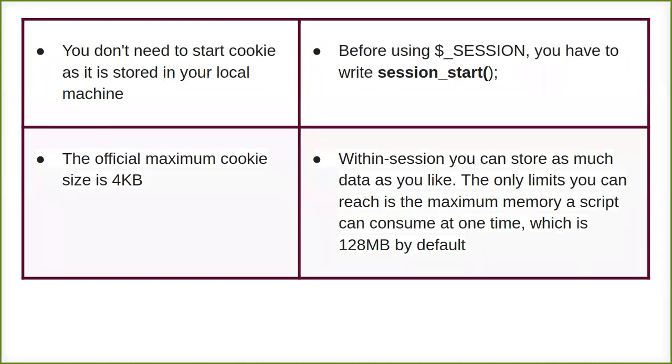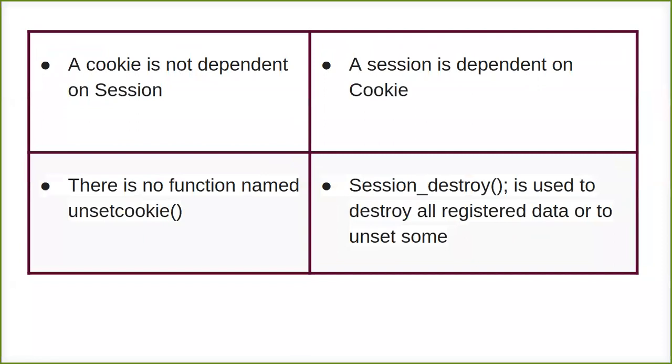There are no methods in cookies to initialize or destroy them. They are destroyed automatically by default after 24 hours. But if you mention any time period in the code, then it is live for that particular time. For a session, we have methods to invoke it: we can initialize the session using the start method, and we can use the destroy method to destroy all the registered data from the session.